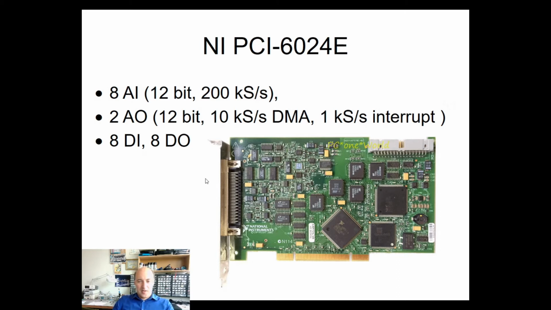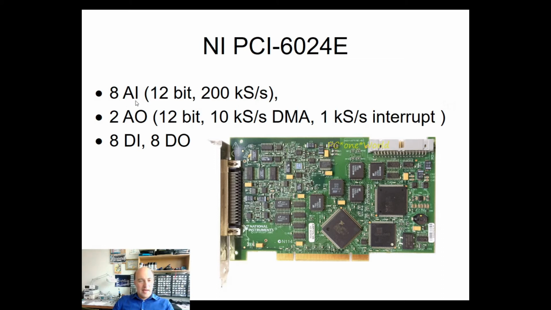The important point is that here we have a connector where we can actually, through a panel, connect our input signals. And this particular card has the following properties. It has 8 analog inputs.